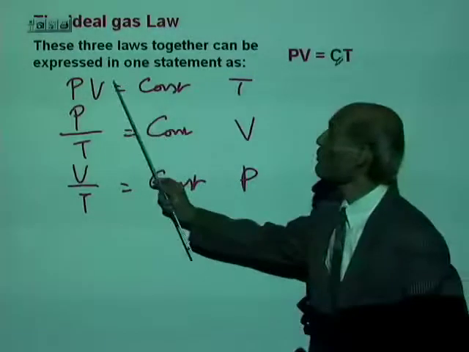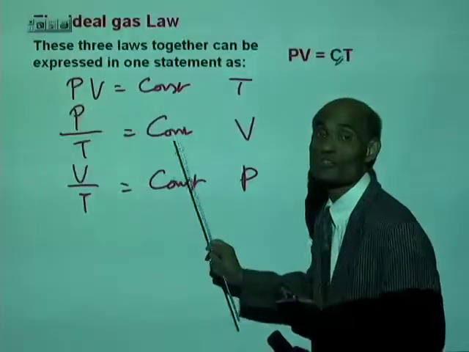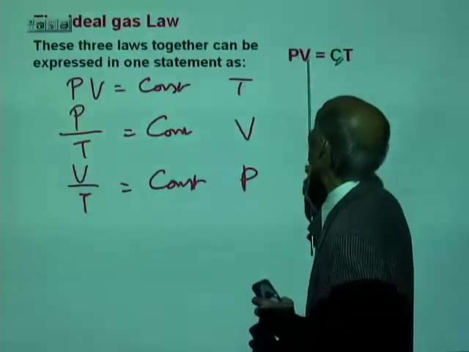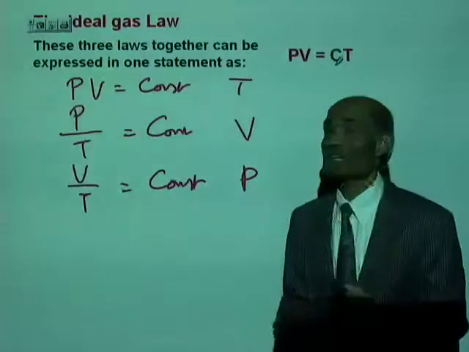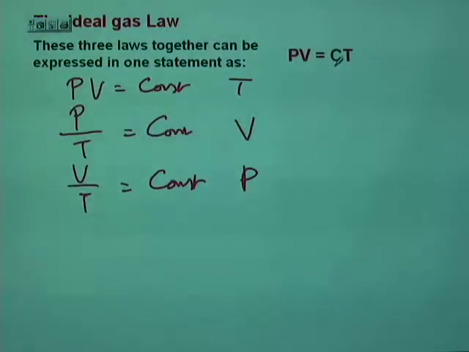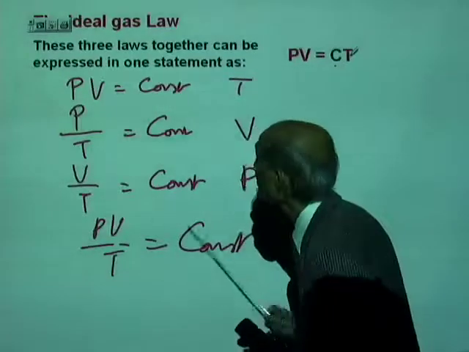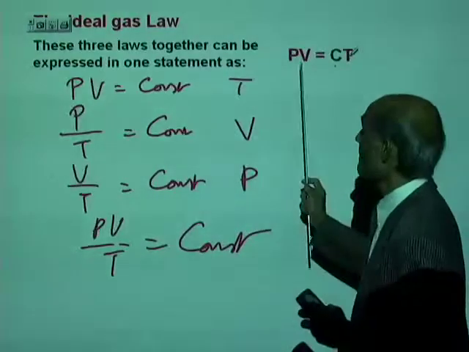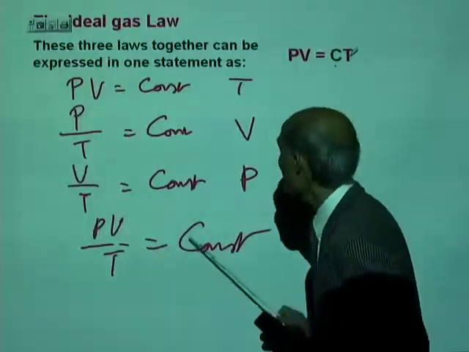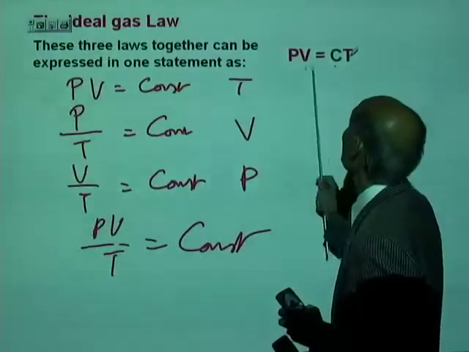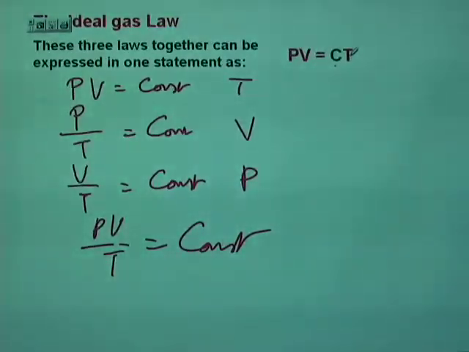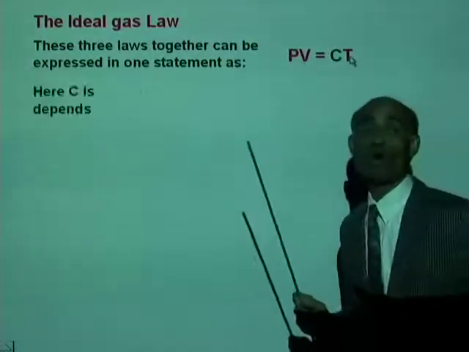Does it make sense, therefore, to combine all these and say PV divided by T will remain an absolute constant? This is the combination of all these three, and that gives me PV equal to a constant multiplied by T. PV equal to CT. That is a combination of all the three laws.